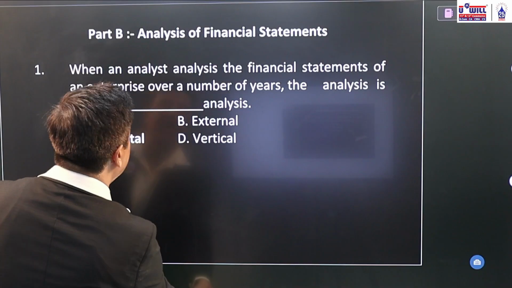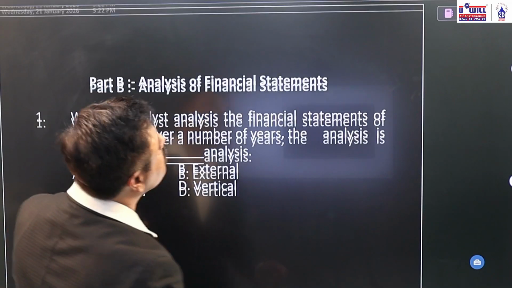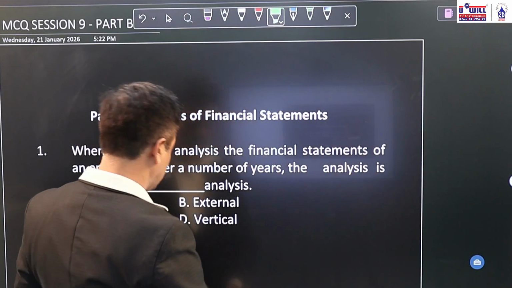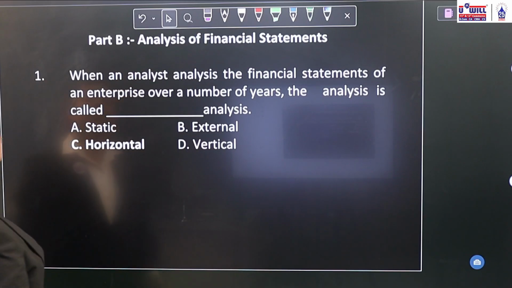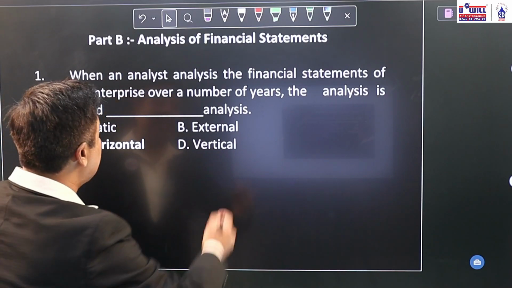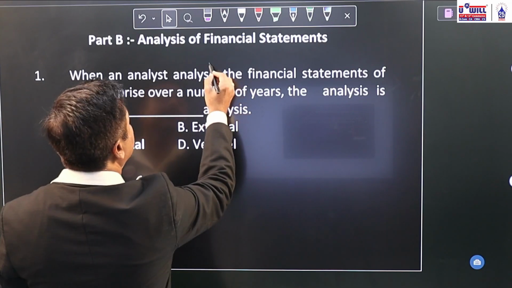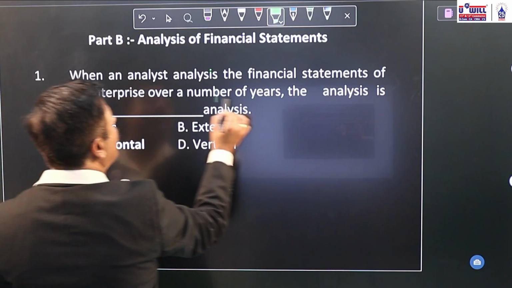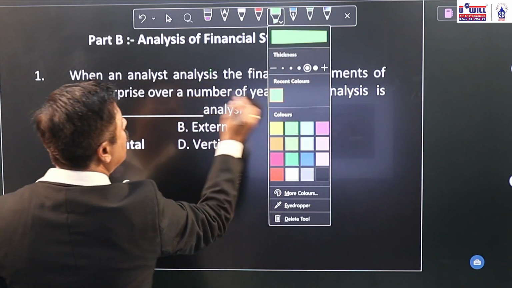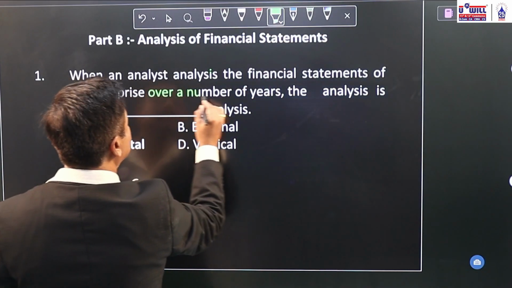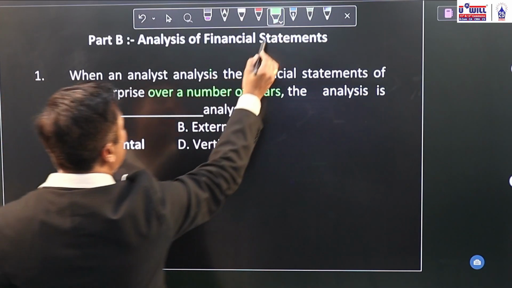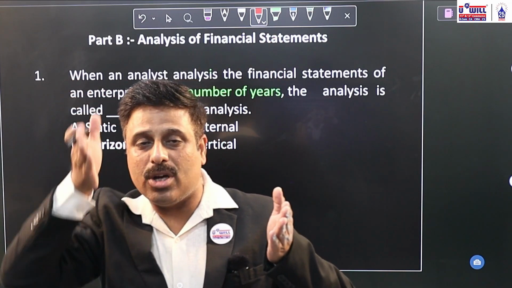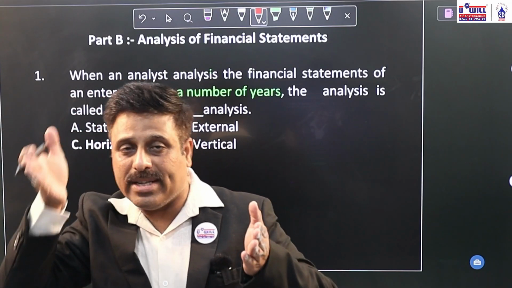First, part B, analysis of financial statements. When an analyst analyzes the financial statements of an enterprise over a number of years, then the analysis is called... Over a number of years means you analyze 1999, 2000, 2001, or 2022, 23, 24, 25.